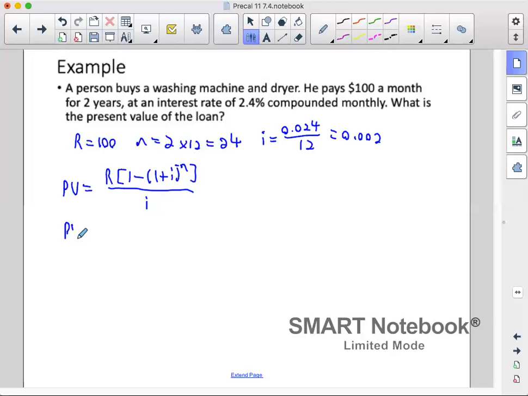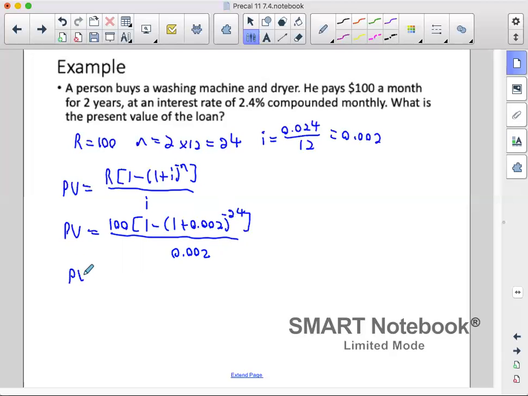So filling in what we have, we've got present value as our R value of 100 times 1 minus 1 plus 0.002 to the power of negative 24, divided by 0.002. So we need to calculate what's up here first, so we have 1.002 to the power of negative 24.